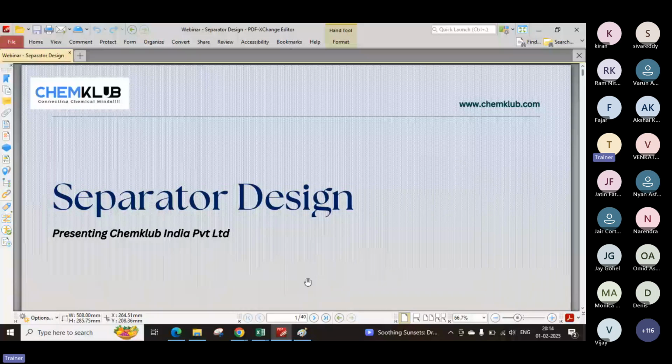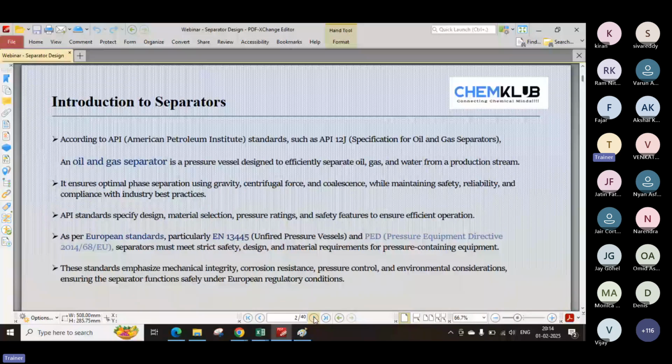As everyone knows, being chemical engineers, we have majorly come across many unit operations and unit processes, and for any plant, whether it is small scale, pharma, chemical, refinery, offshore, onshore, or FPSO, we need vessels.